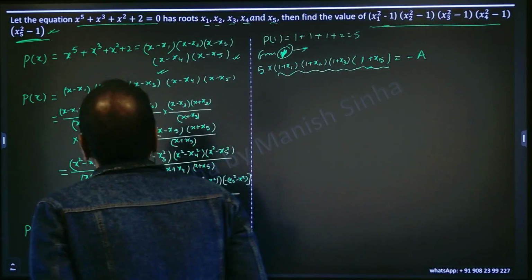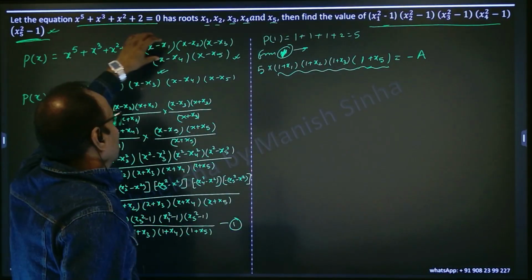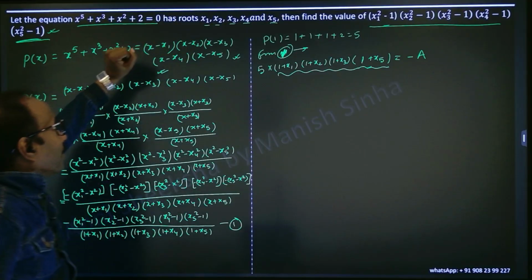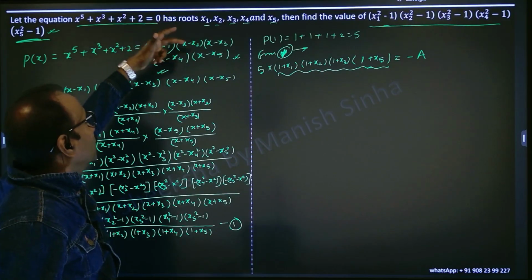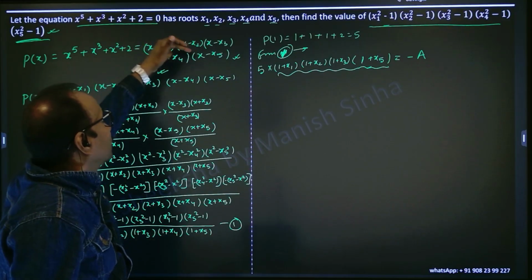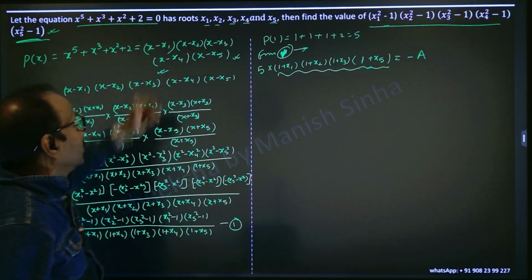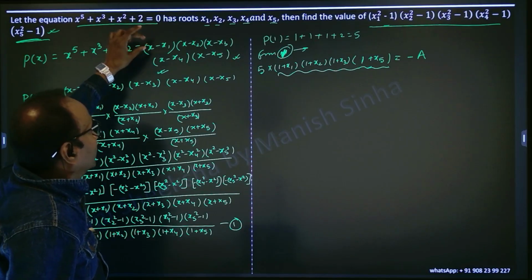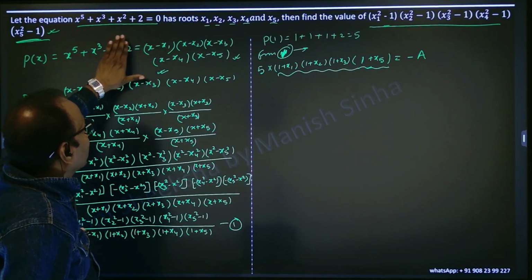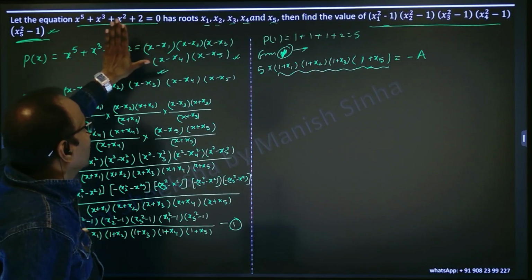So if you look into this polynomial structure, how can I get 1 plus x1, 1 plus x2, up to 1 plus x5? To get the same, we will have to take the value minus 1. So that minus 1 will be out, and 1 plus x1 you will get, correct?